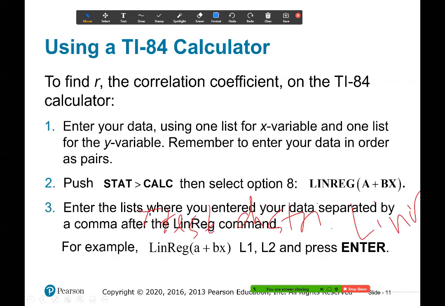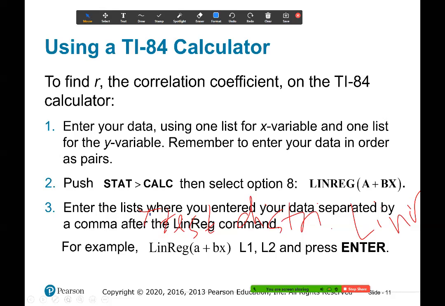This is for the TI-84 calculator. You can use the TI-84 to find R, and I think you can also do it with the TI-83 if you have one.